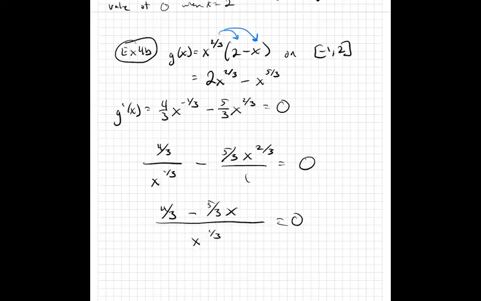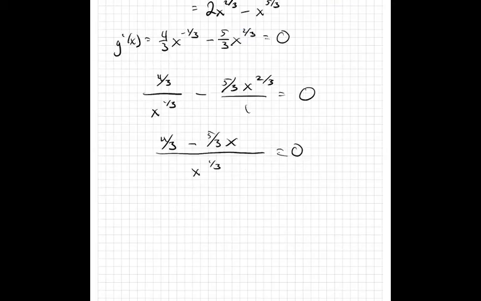So then from here, we would consider let x to the 1/3 equals 0, or this 4/3 minus 5/3 x, we want to set that equal to 0. So from the first one, we get x equals 0. That should make it undefined. What was the original?